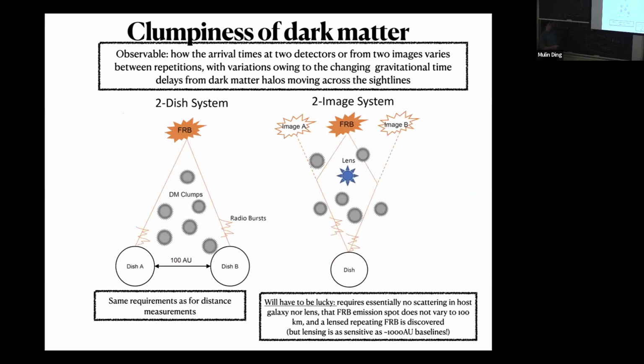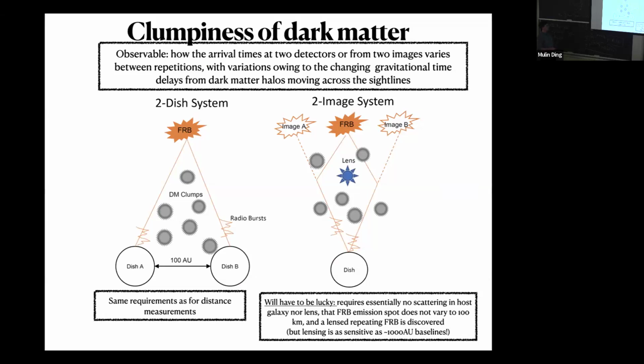Okay, so this is a little bit more about the clumpiness of dark matter idea. So we actually have two proposals for how this could work. One is having two dishes on other sides of the solar system, and another that uses gravitational lensing.